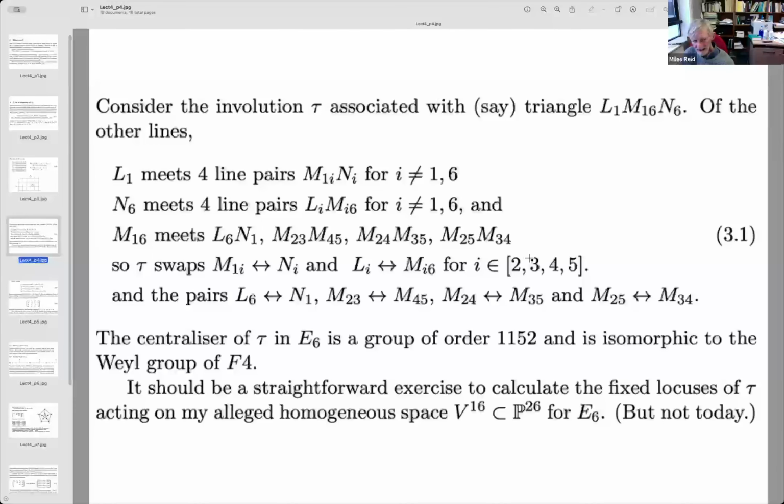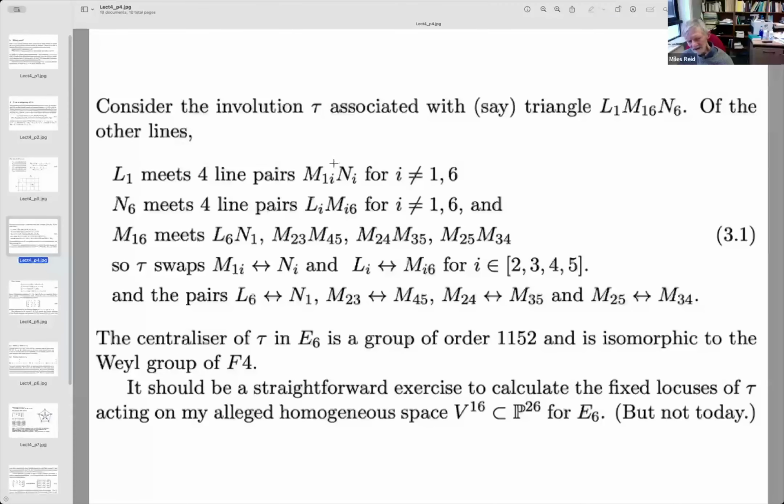So now I'm taking, this is a different involution. I'm sorry, I screwed up a bit there. So what I'm going to do is fix the lines of one particular triangle and swap over all the lines in line pairs meeting them.